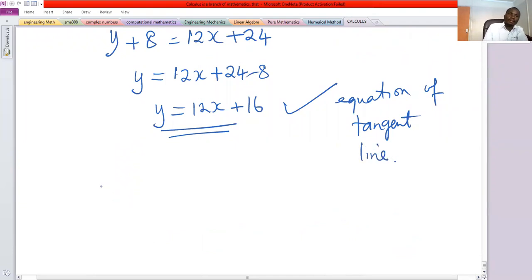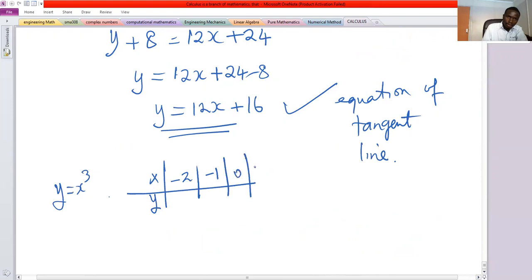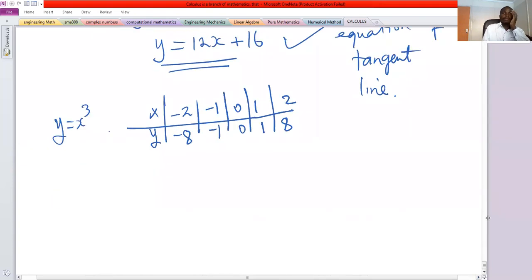And then to sketch this, x and y. Remember we had y equals x cubed. But say from minus 2, minus 1, 0, 1, and 2. So minus 2 cubed is minus 8, minus 1 cubed is minus 1. Then this is 0, 1, and then 8. Then we have y equals 12x plus 16.